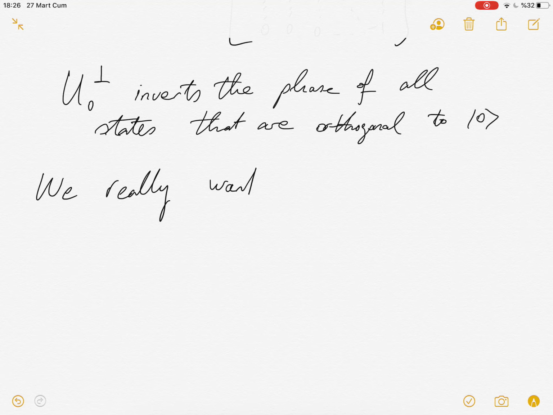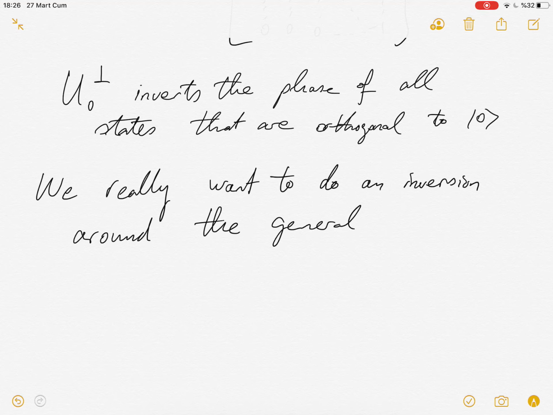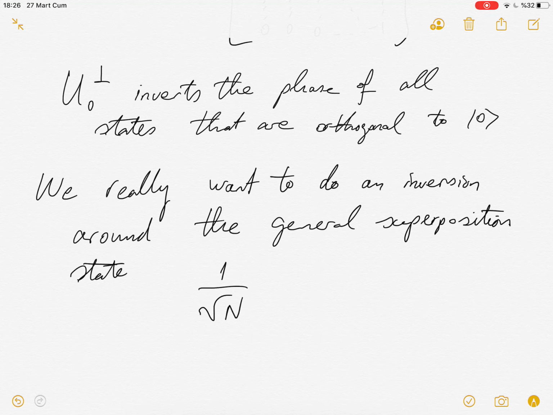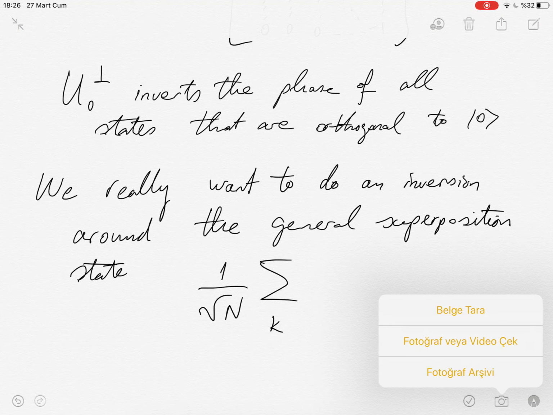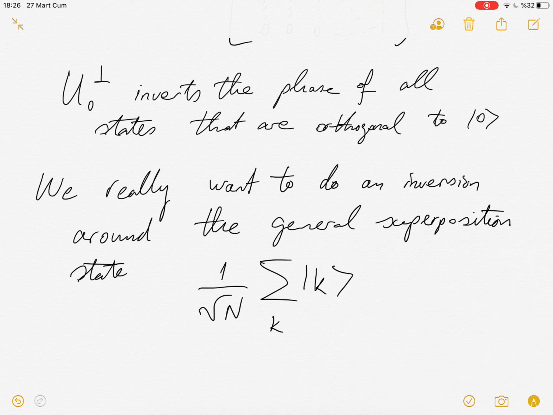We really want to do an inversion around the general superposition states, one over square root n summation k ket k.